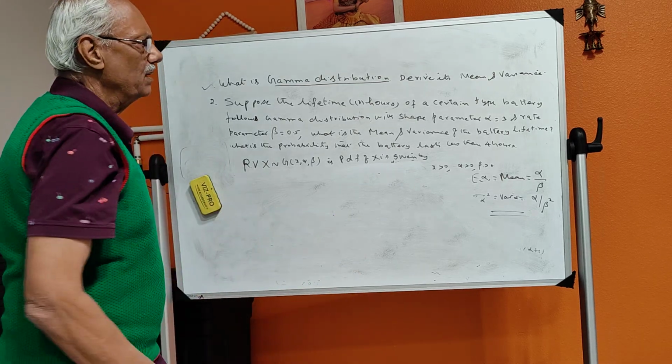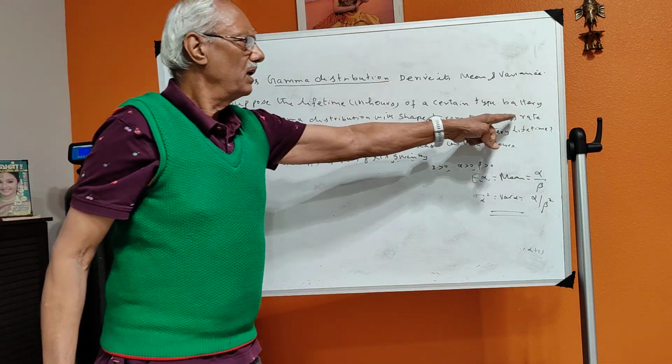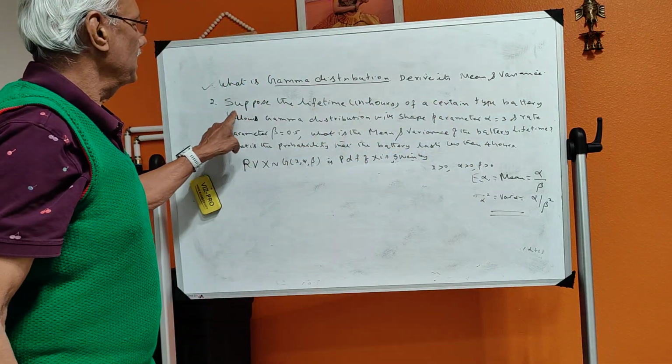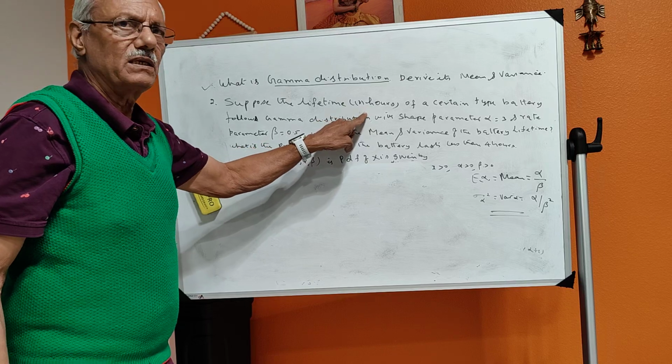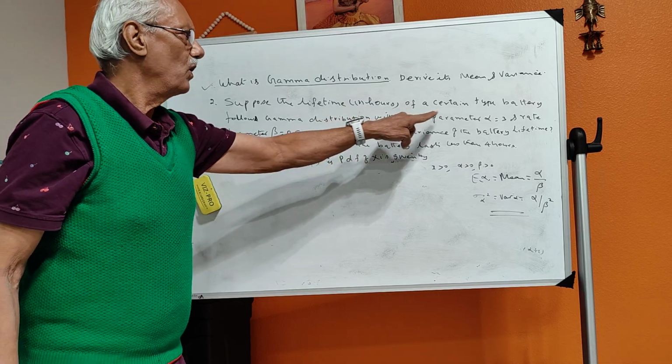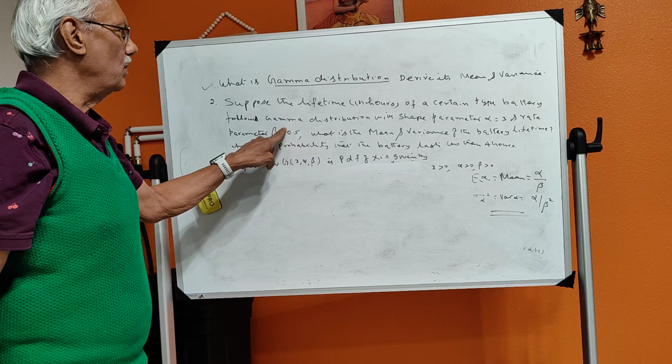That is the question. It has been found that the lifetime in hours of a certain type of battery follows gamma distribution.